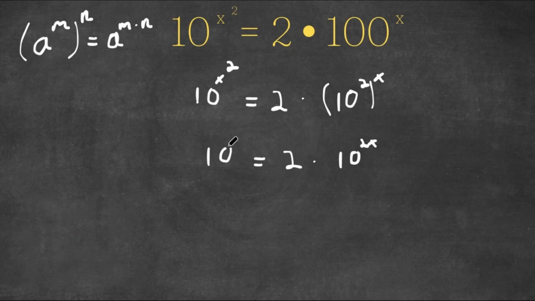So now we have 10 to the power of x squared is equal to 2 times 10 to the power of 2x. Now I'm actually going to divide by 10 to the power of 2x on both sides.